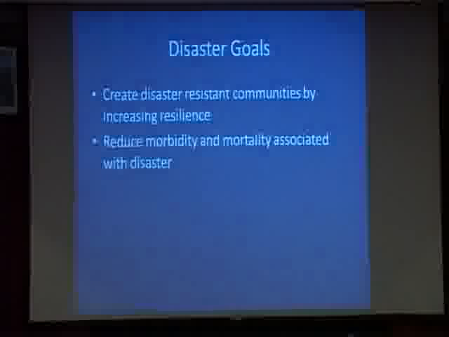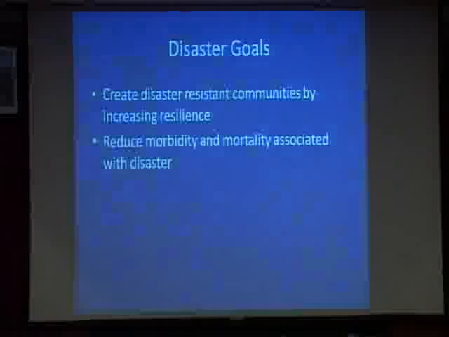And that's to create a disaster-resistant community by increasing resilience. As healthcare providers, that should be our goal. In any of the other systems within the society, that should be their goal.